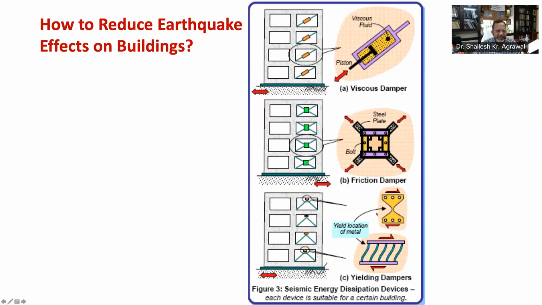Figure 3c shows yielding damper where energy is absorbed by metallic components that yield. In India, there are few buildings with friction dampers. One such 18-story RCC building exists in Gurgaon.